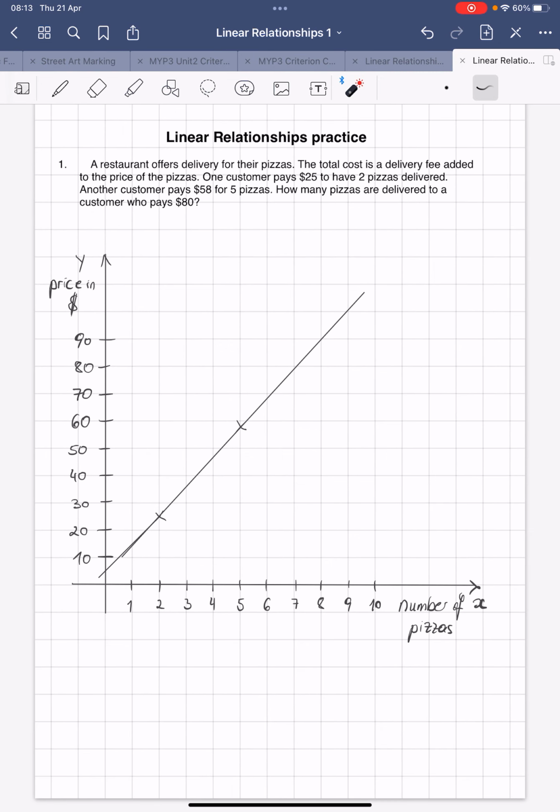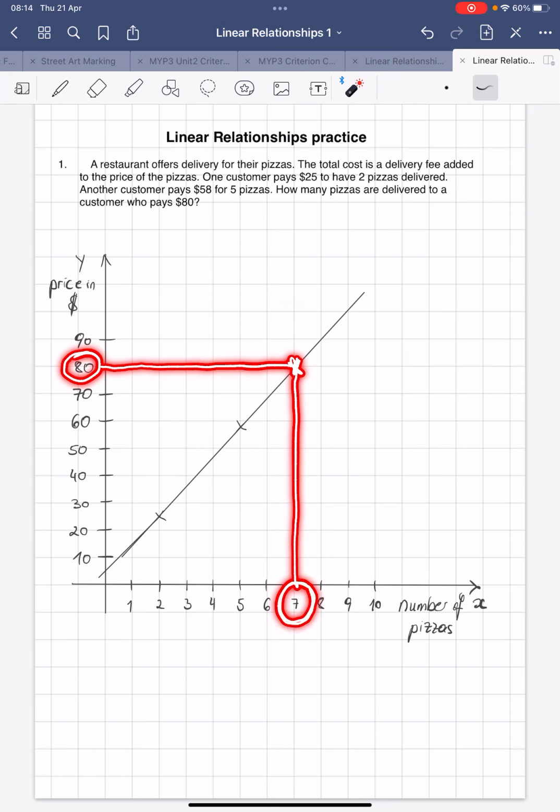So now reading off your number of pizzas that you can get for $80. So I've got here my $80 and I'm going to follow across here until I meet that line. And this is approximately here. And if I go all the way down, I can find out how many pizzas I can get for $80.